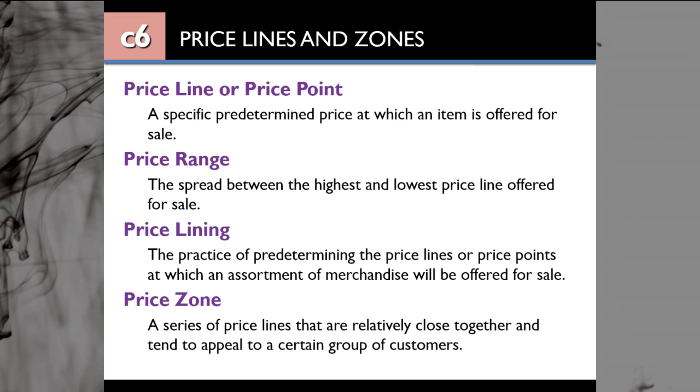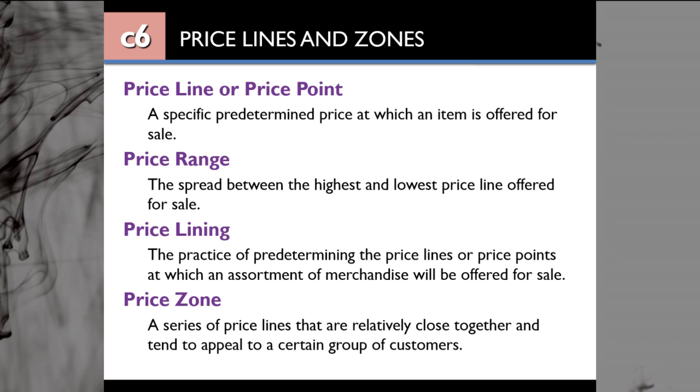And price lining is the practice of using these predetermined price lines or price points at which an assortment of merchandise will be offered for sale. So how you deliver this product with these price lines, that's your practice of predetermining the price lines, and that's called price lining.